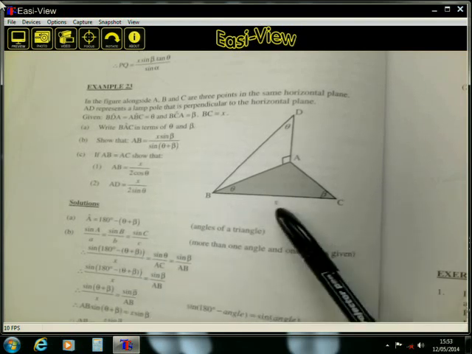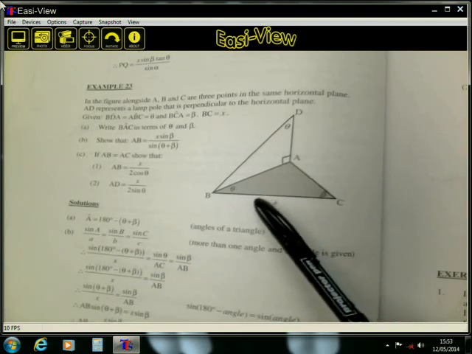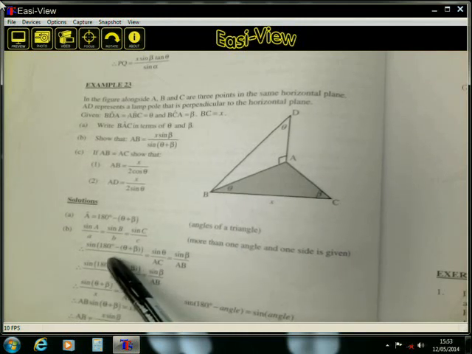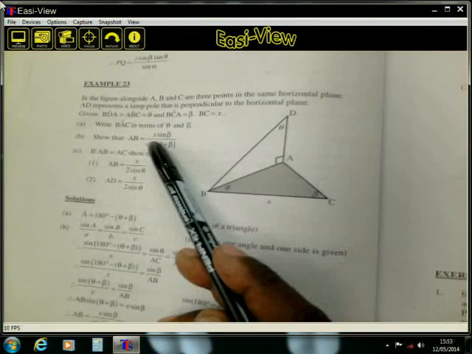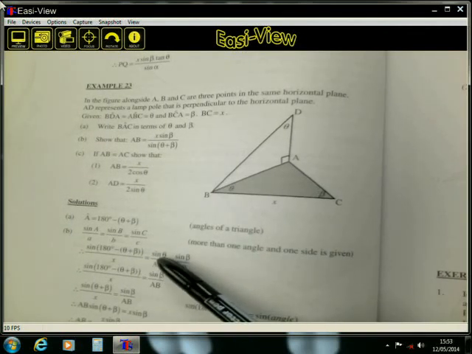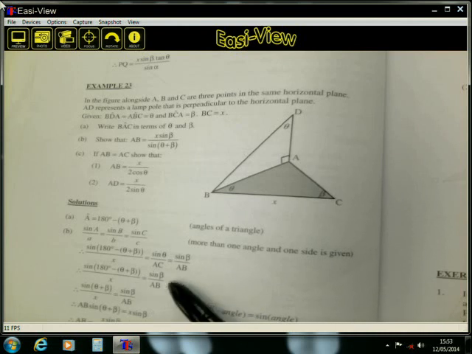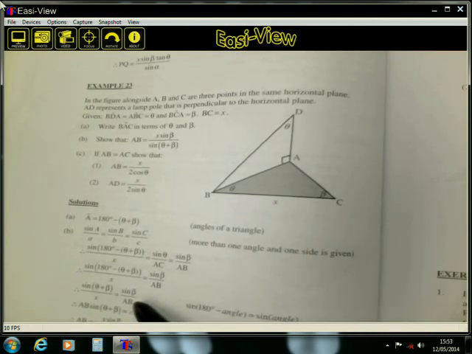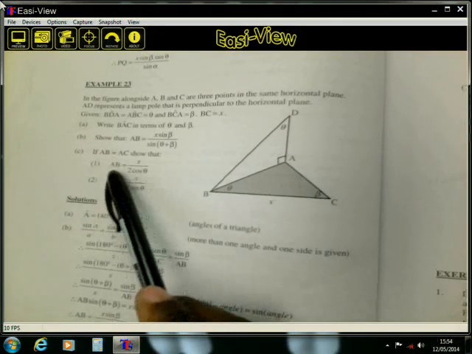Over x, because x is opposite this angle, is equal to, and you must involve x because x is here, over the sine of theta, or rather the sine of beta, over AB. Why AB? Because actually we're going to need it here.